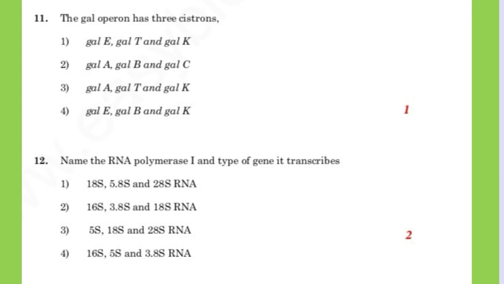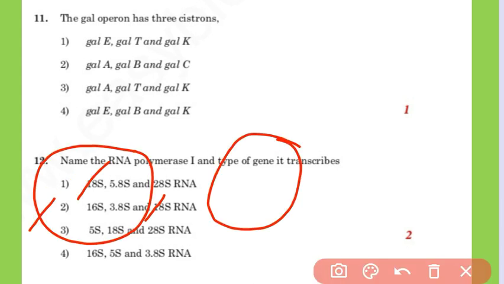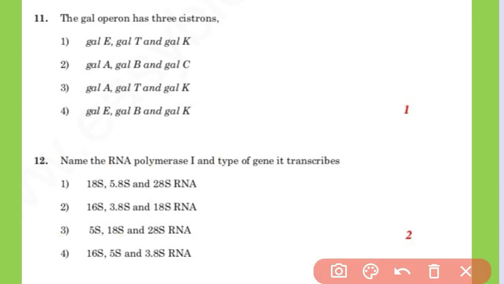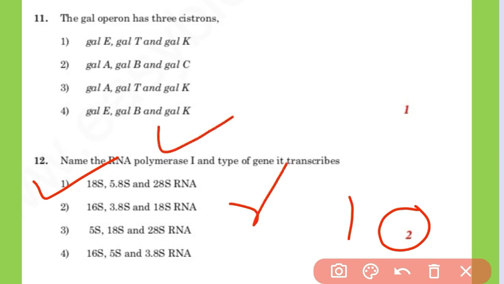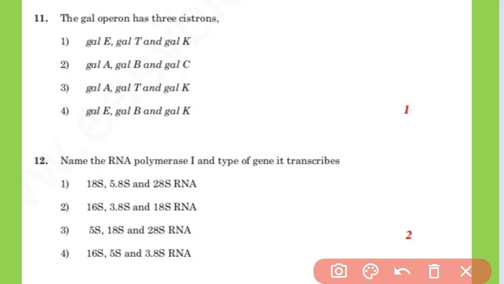RNA polymerase second transcribes mRNA genes, whereas RNA polymerase third transcribes 4S and 5S tRNA. So option first is the answer of this question. 28S, 5.8S, and 18S ribosomal RNA are transcribed by RNA polymerase first. So option first is the answer of this question. Then moving to the next question.